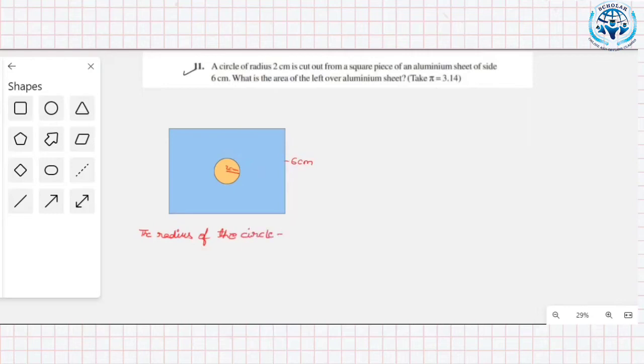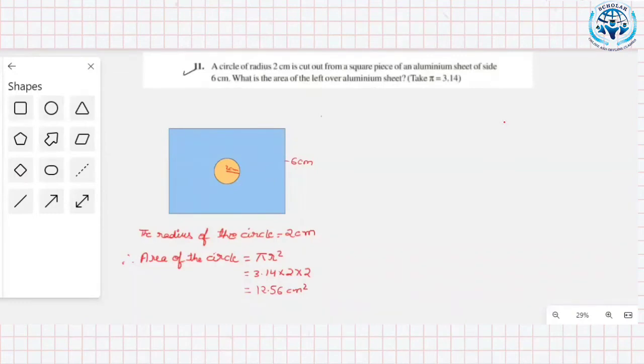Radius of the circle is 2 centimeter. Area of the circle is pi r square, 3.14 into 2 into 2, is equal to 12.56 centimeter square.